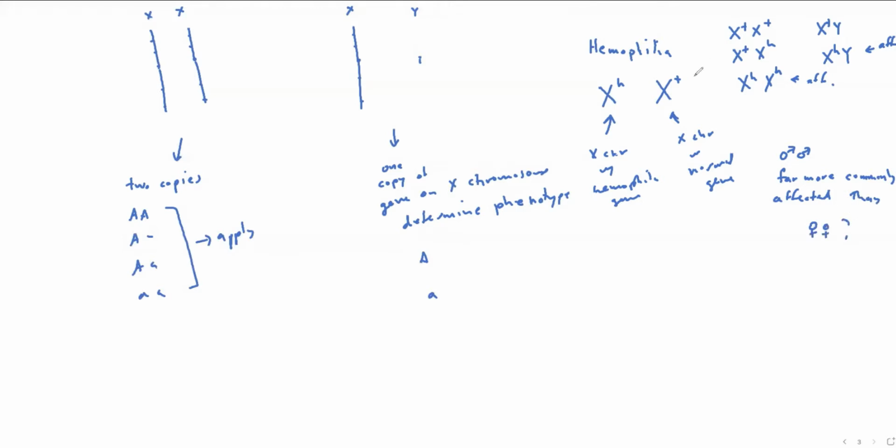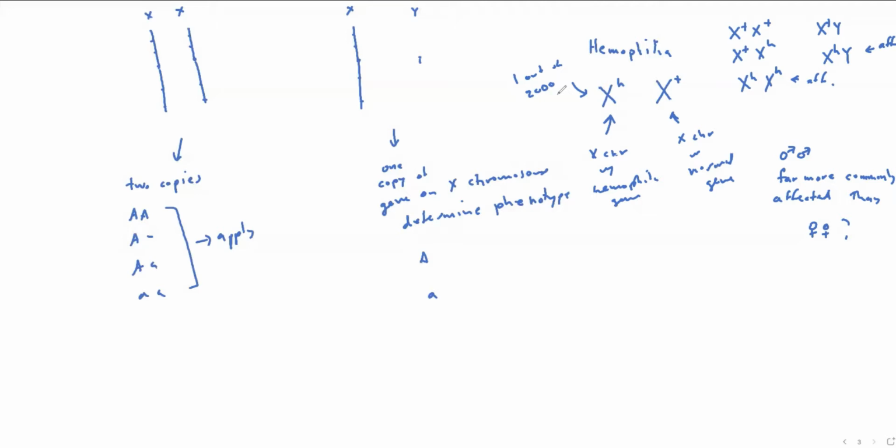Well, in order to be a hemophiliac as a male, you have to inherit the X chromosome with the hemophilia gene, which may be 1 out of 2,000 X chromosomes in the entire world. That is going to cause you to become a hemophiliac if you're a male, right?